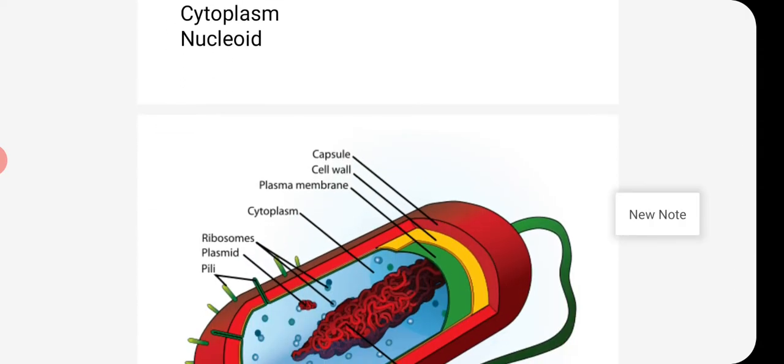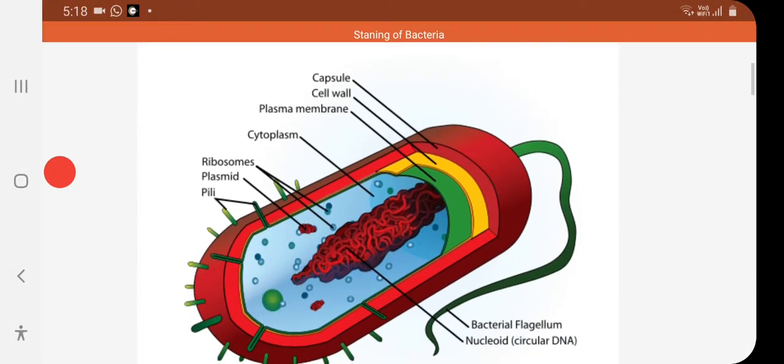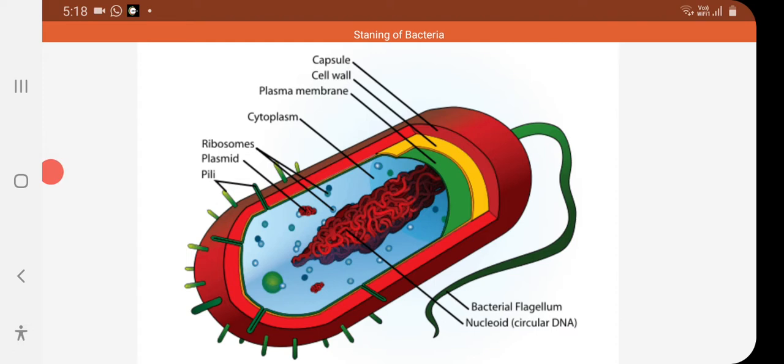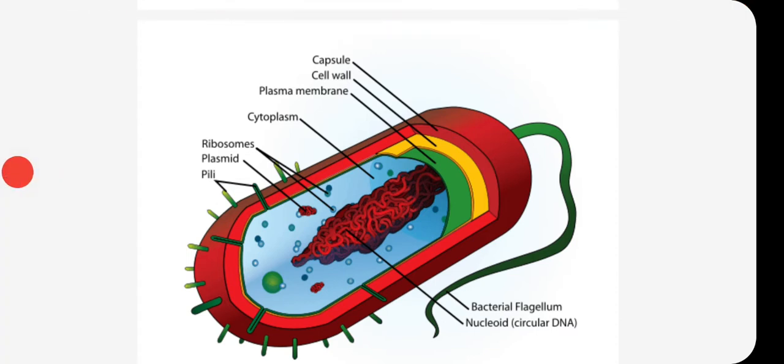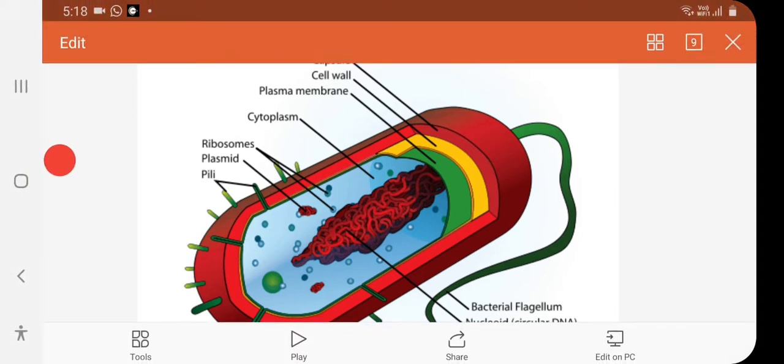So yeah, this is the bacterial cell structure. The outer red one is the capsule. Capsule is a protective layer which is made up of peptidoglycans, polysaccharides.